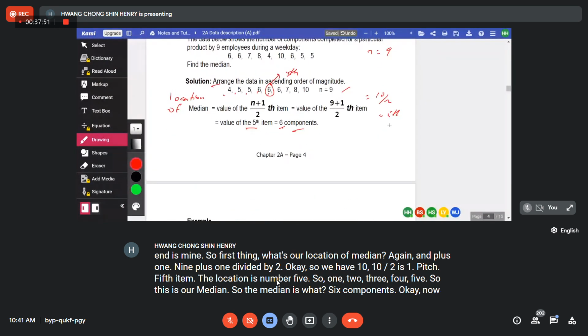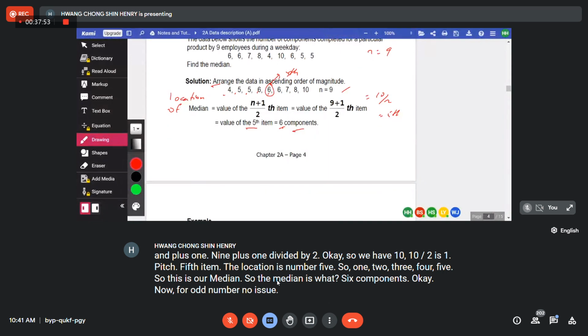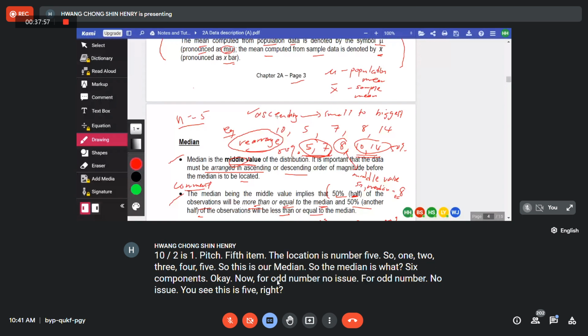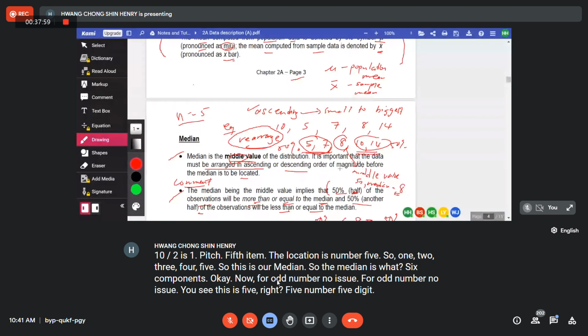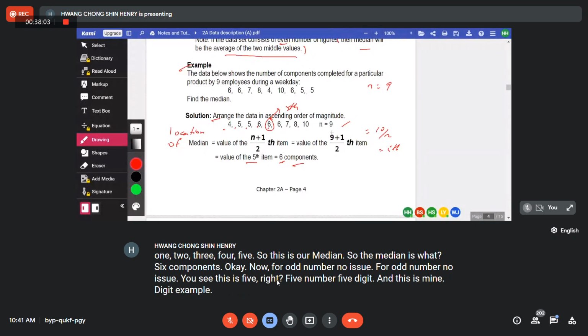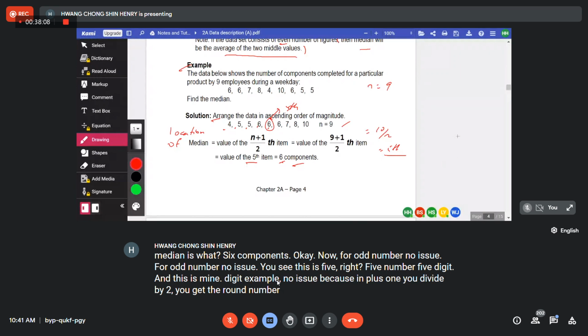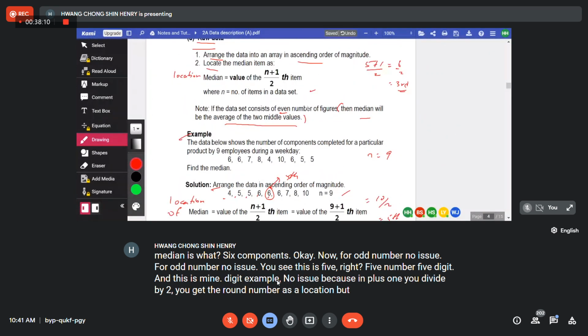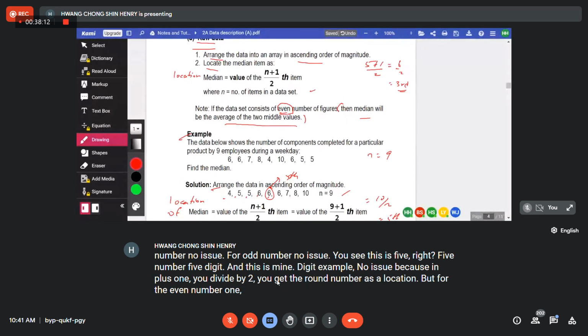Now for odd numbers, no issue. You see, this is 5 numbers, and this is 9 numbers, no issue, because when you do n plus 1 and divide by 2, you get a round number as the location. But for even numbers, you must take the average of the 2 middle values.